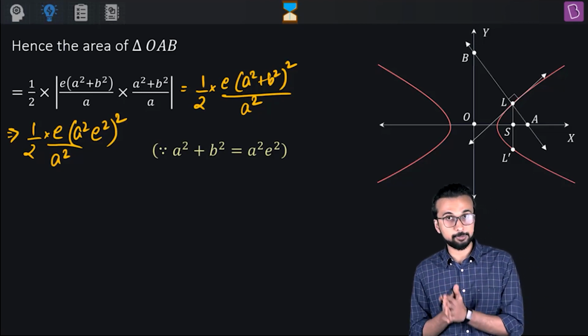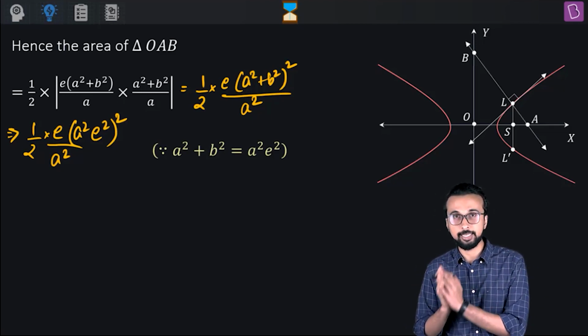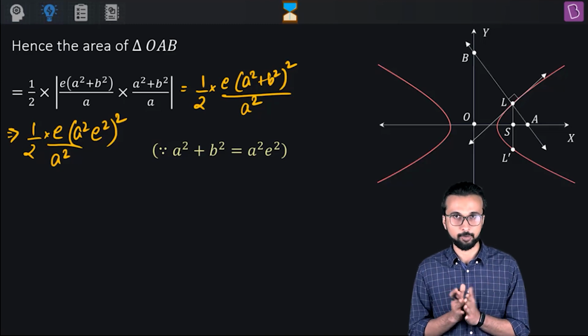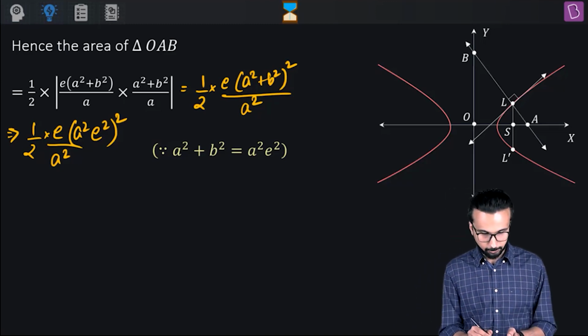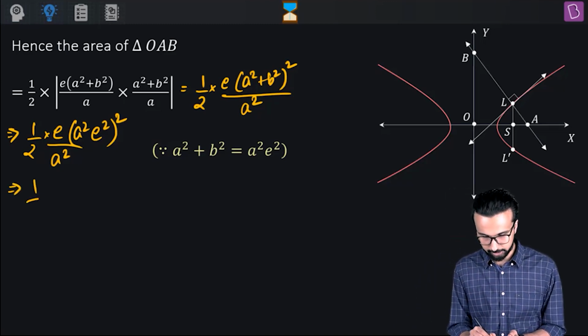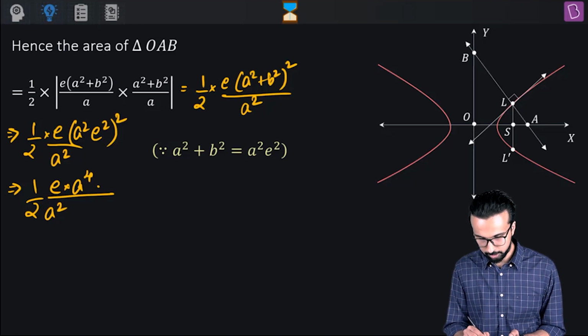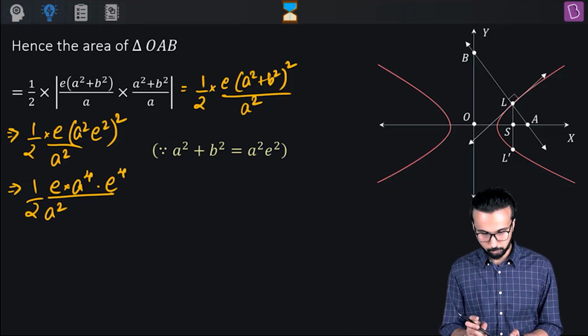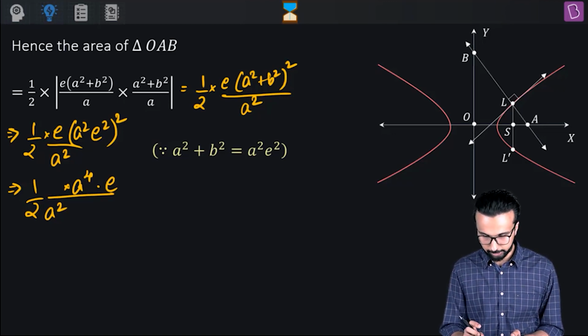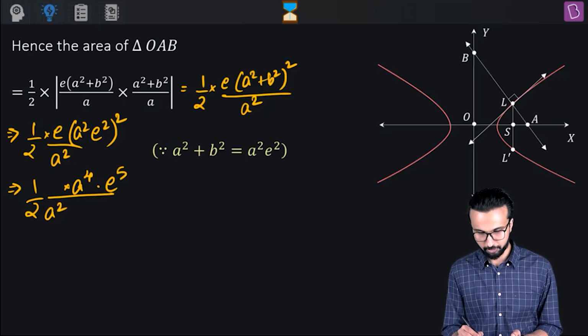Since a square plus b square equal to a square into e square for any hyperbola of this form. Alright, so this can be further written as half a square in the denominator, e into a power 4 into e power 4. So e into e power 4 together becomes e power 5.